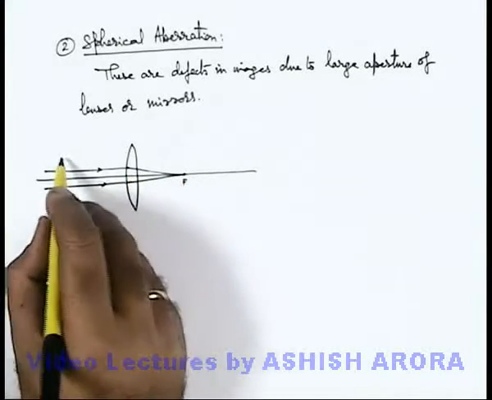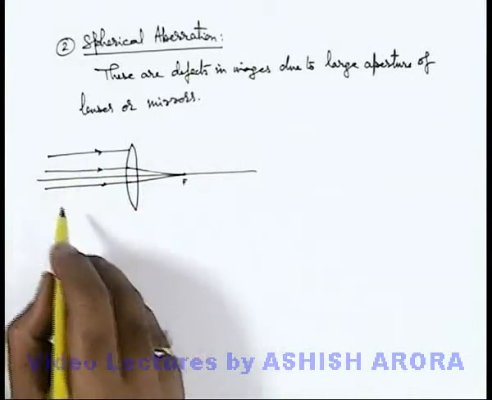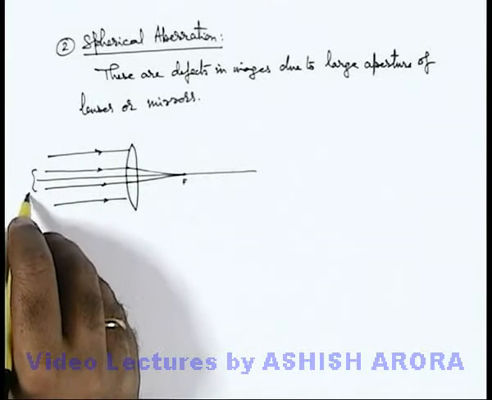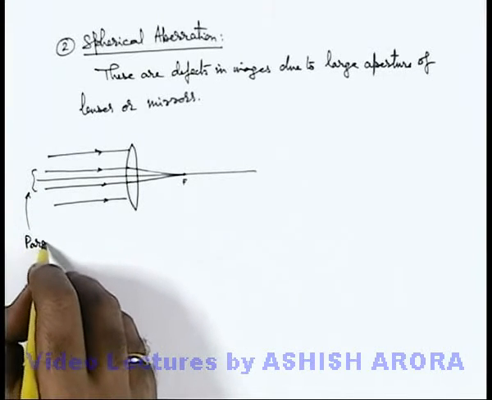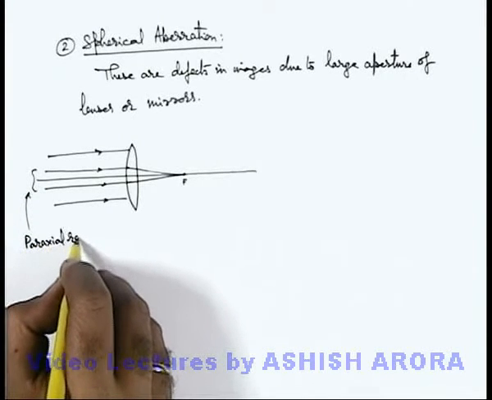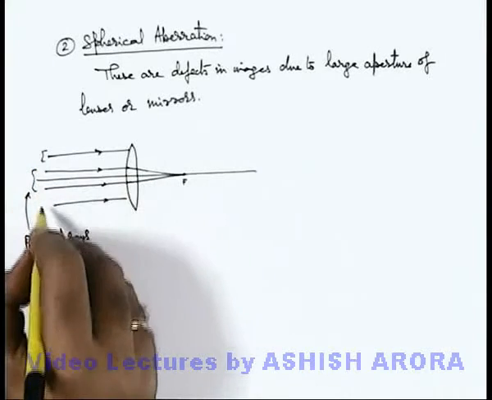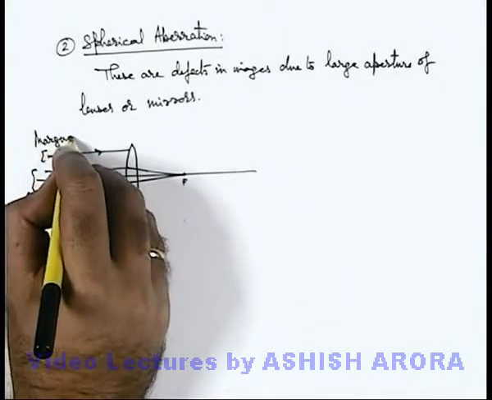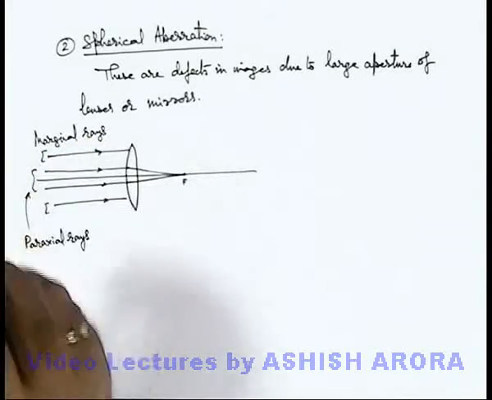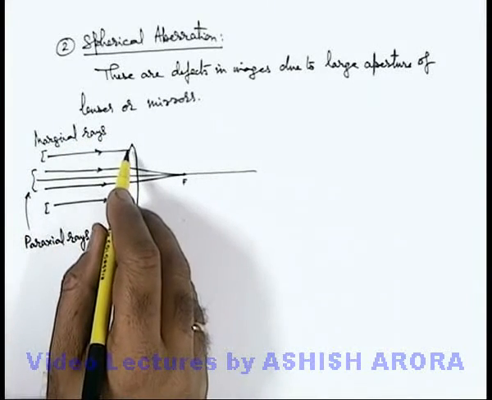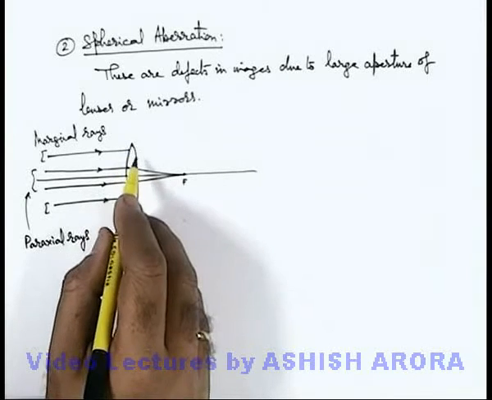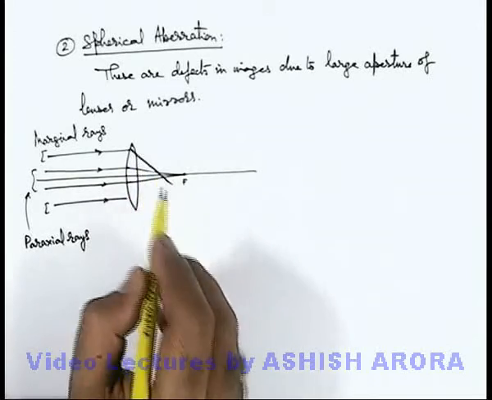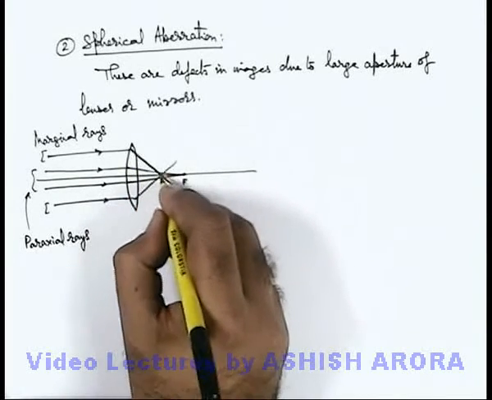But all other rays which are not paraxial rays, the rays which are very close to the principal axis we call paraxial rays, and the rays which are away from the principal axis are called marginal rays. So these marginal rays, due to the radius of curvature of the lens, after refraction from the two surfaces of the lens will converge at a point which is closer to the lens than the focus.